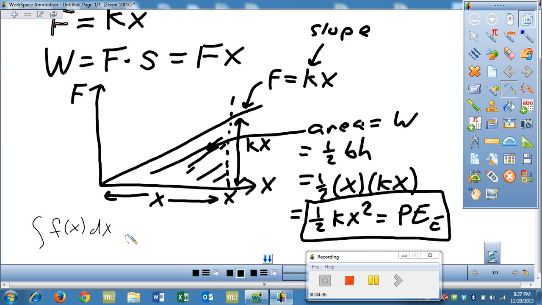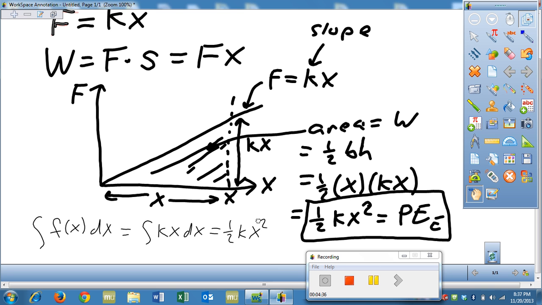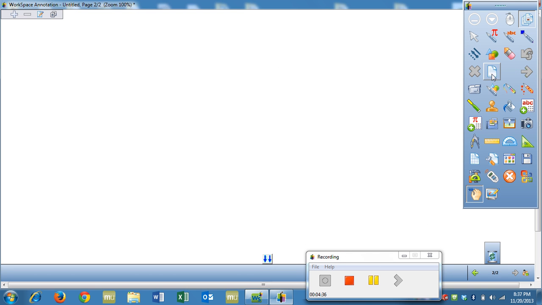That's the integral of kx dx. Well, you may remember that you raise the exponent from 1 to 2 and then divide by it, so that's 1/2 kx squared. So it all works together, and that's kind of neat. That's the whole deal. So let's do a new piece of paper.